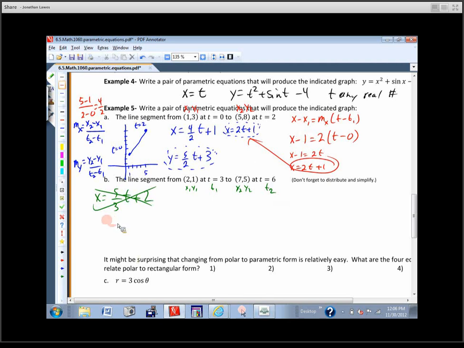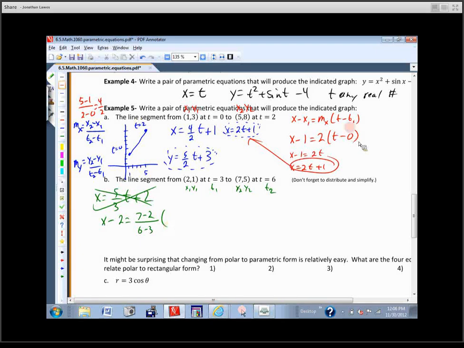So this is going to be x minus, what's the first x? 2. Now I've got to figure out what's the slope for the x, or what's the difference in the x's. The difference in the x's is 7 minus 2. There's the 5 we were talking about. The difference in the times is 3. It's 6 minus 3. Now here's the trick.